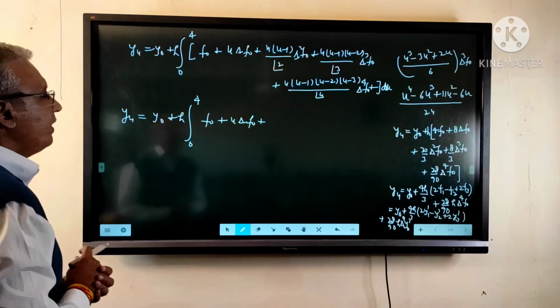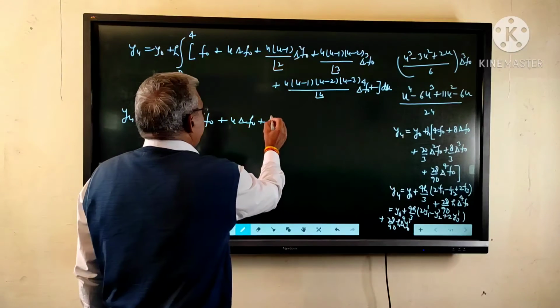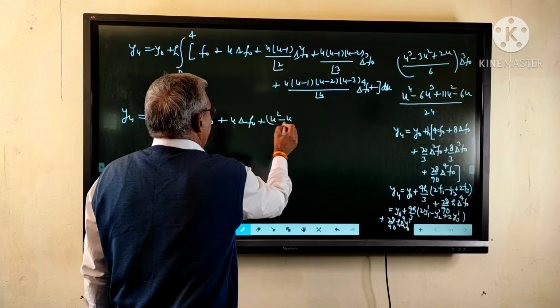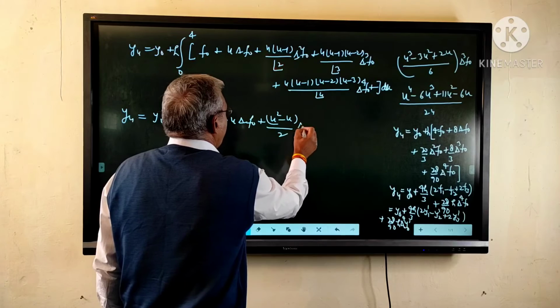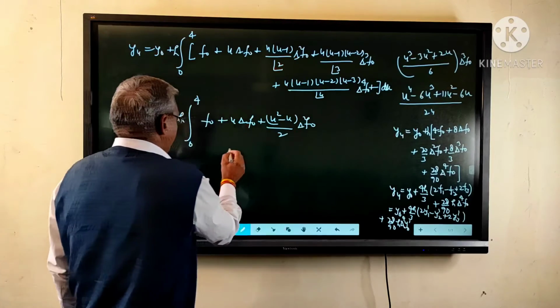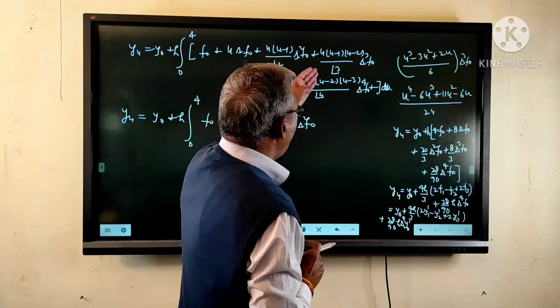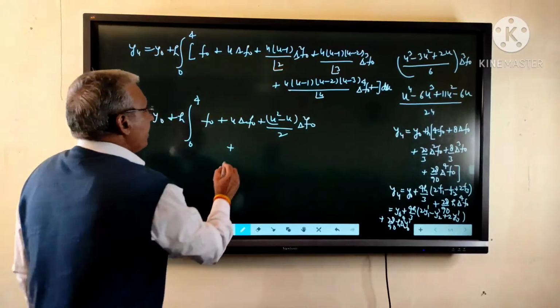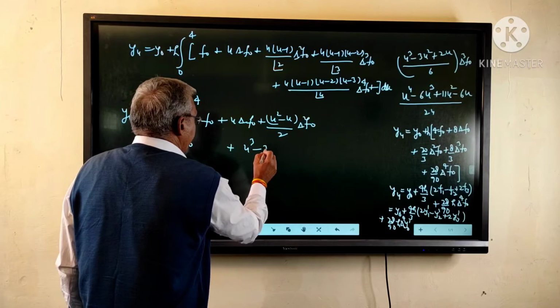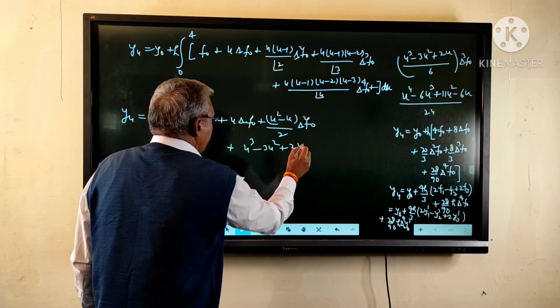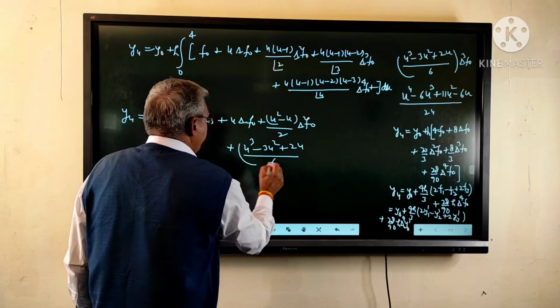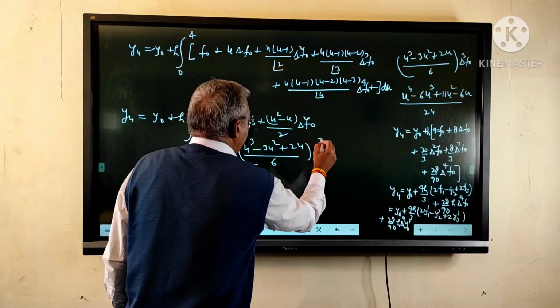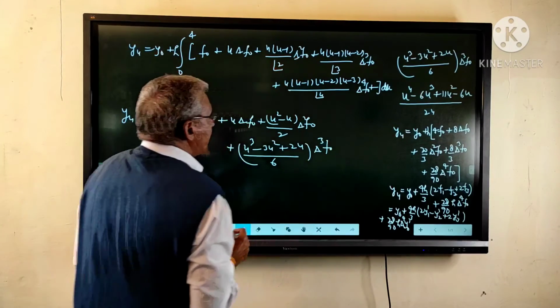We know that u into u minus 1 gives u square minus u upon 2, del 2 f of 0. After multiplying u into u minus 1 into u minus 2, we have u cube minus 3u square plus 2u by 6, del 3 f of 0.